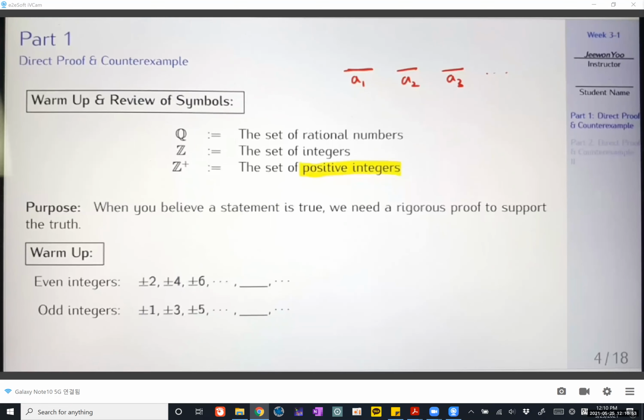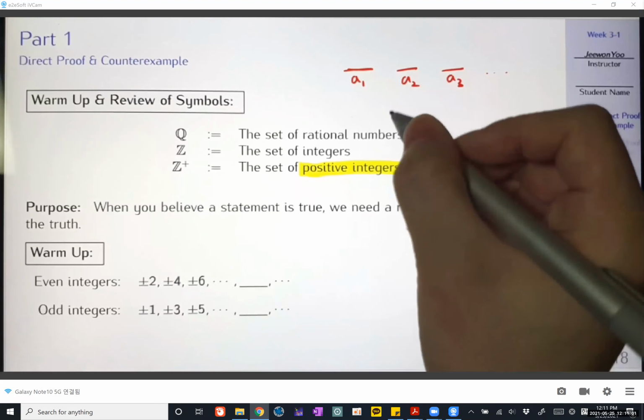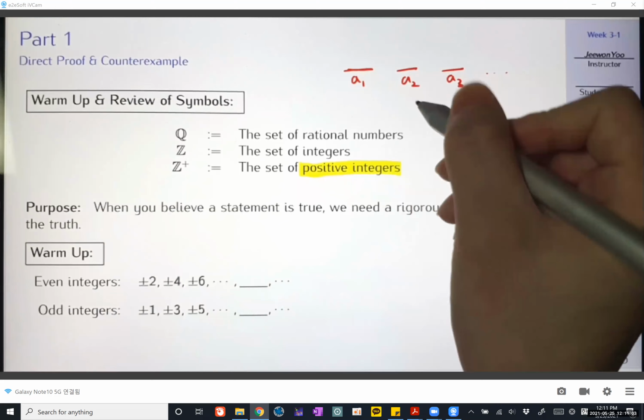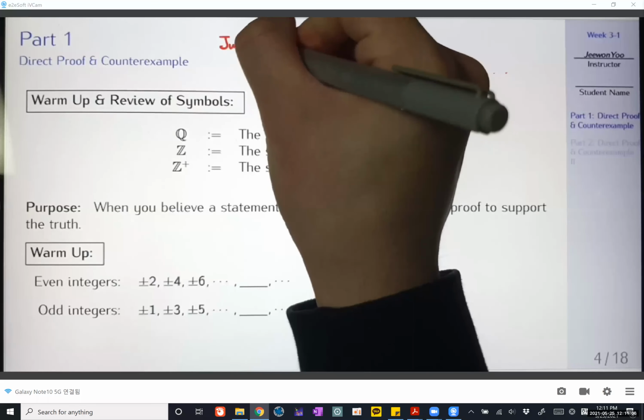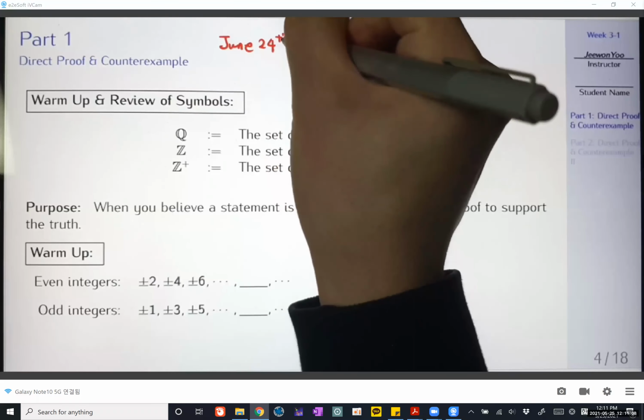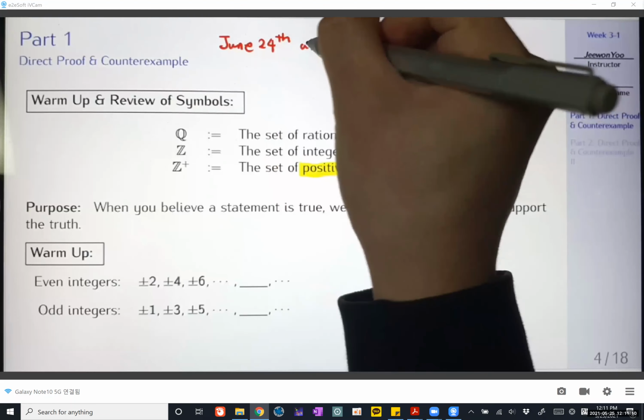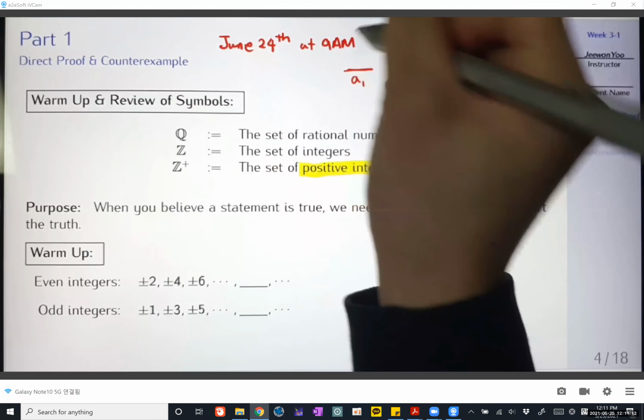Anyone knows? Okay. UBC announced that our final exam is on June 24th, I believe, at 9 a.m. I could be wrong.